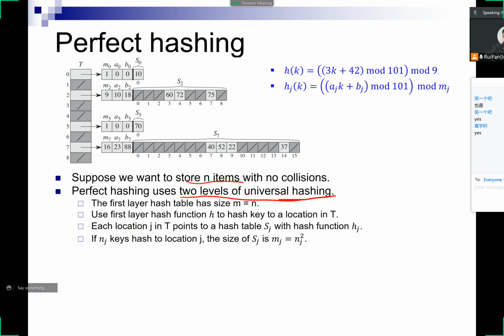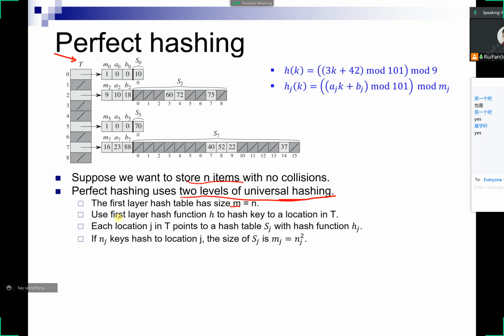We have a top level hash table, this capital T. The size m of the hash table is equal to the number of items that you're trying to store. In this example, they're trying to store 9 items, so you have a hash table of size 9.